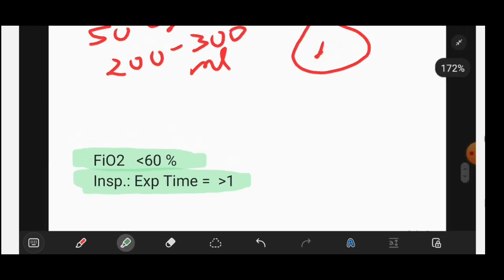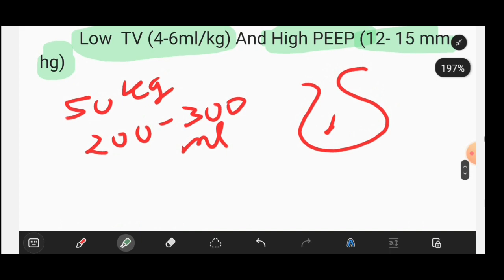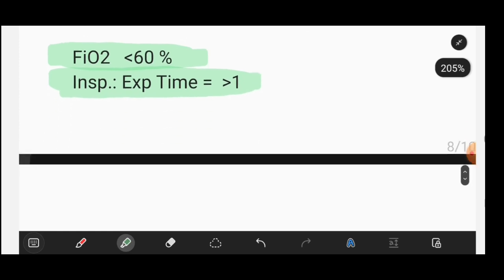So these are the different settings on the ventilator we have to make for this patient. Now, we can also give steroids to this patient, and we have to maintain adequate fluids and electrolytes.